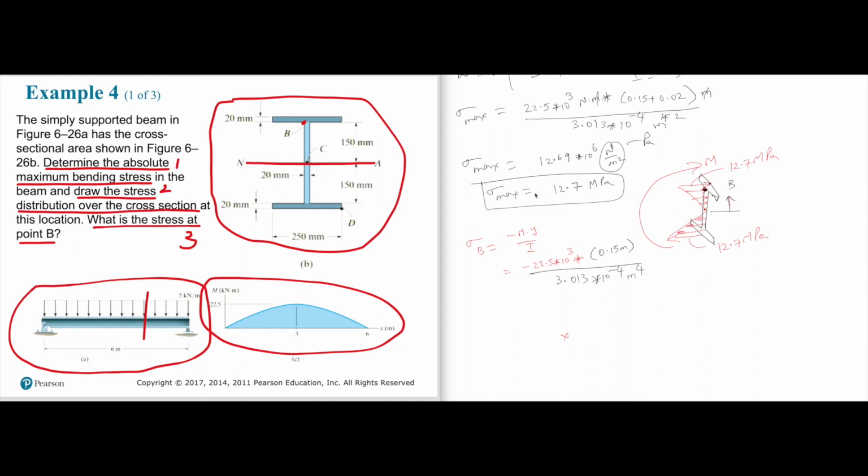This is Newton meter. Then I got 11.201, 11.2 megapascals is what I got for sigma B. Oh, I'm sorry, negative.